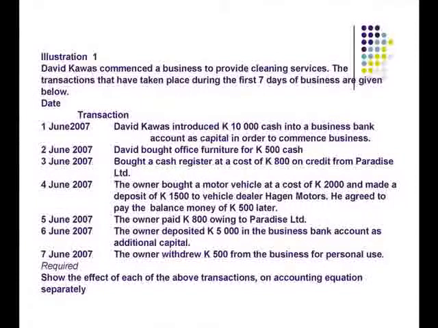Then on 6th June, the owner introduced additional 5,000 kina as capital. Now capital has increased from 10,000 to 15,000. Then the 7th June, owner withdrew 500 kina for personal use.